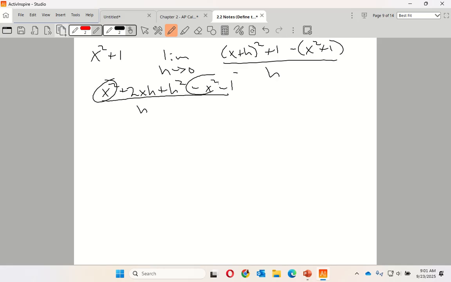I should have plus 1 here, don't I? Oh, no, I don't. That's what I didn't do. I gotta have plus 1 right there from this right here. I did not write that. So there's my plus 1, minus 1, and I have h times quantity of positive 2x plus h.